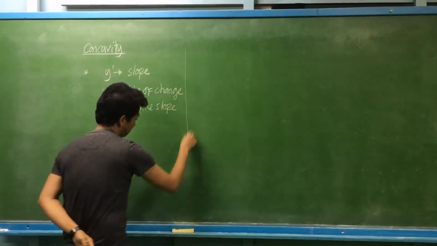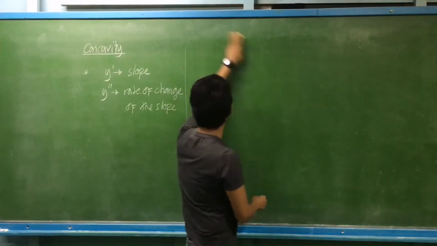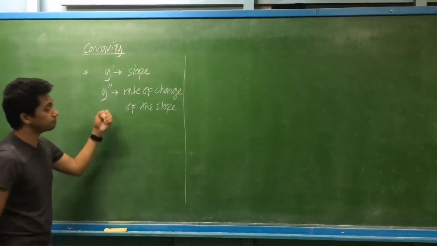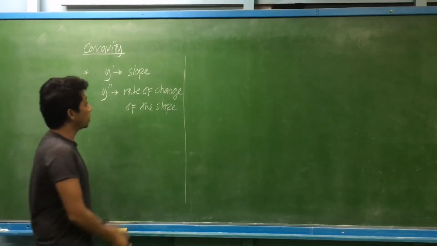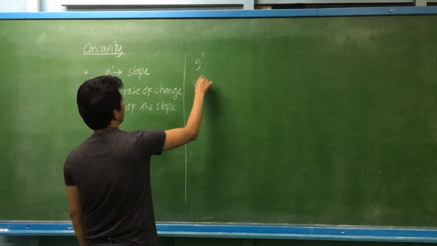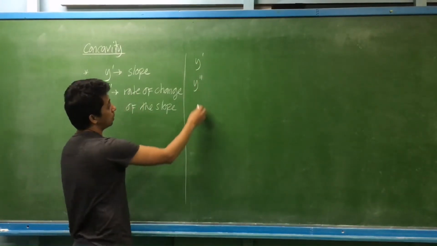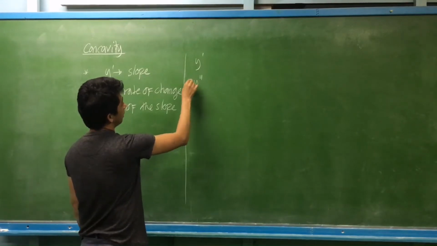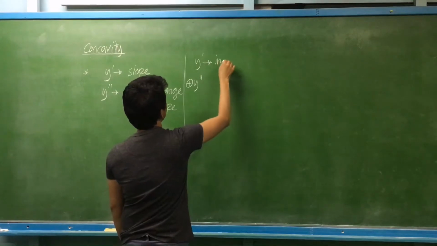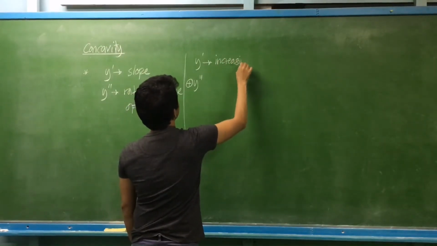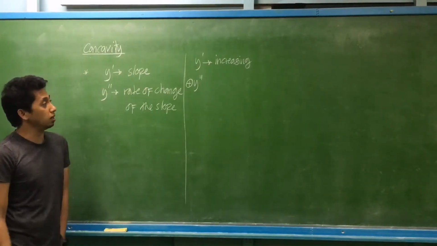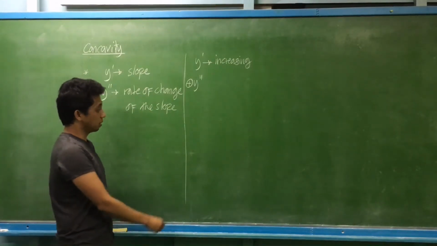So let us describe the behavior of a function based on these two, the first derivative and the second derivative. So for example, if we have a y prime, and if we are to take y double prime, and for example, the equivalent of y double prime will be a positive value, it only means that y prime is increasing. Okay, so y prime is increasing if we have a positive y double prime or positive second derivative.